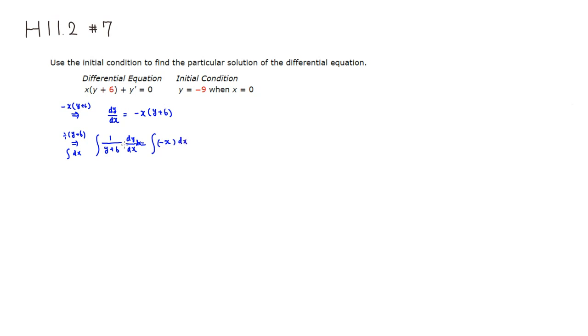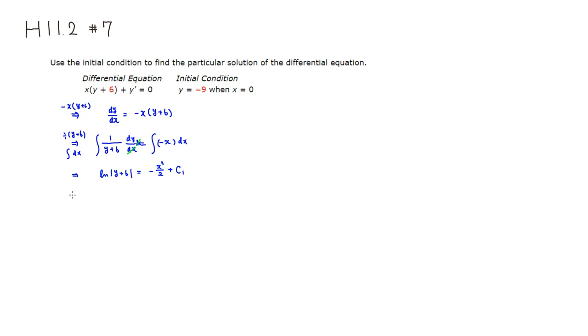So we can cancel dx on top and dx on the bottom. The antiderivative of 1 over y plus 6 is natural log of absolute value of y plus 6. This is equal to, the antiderivative would be negative x squared over 2 plus some constant, I'm going to call it c1.